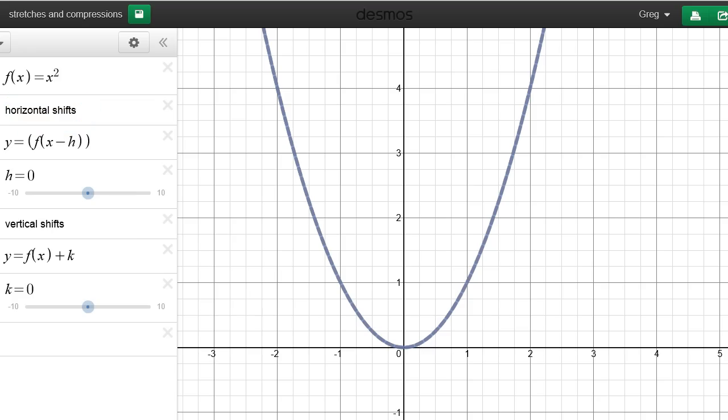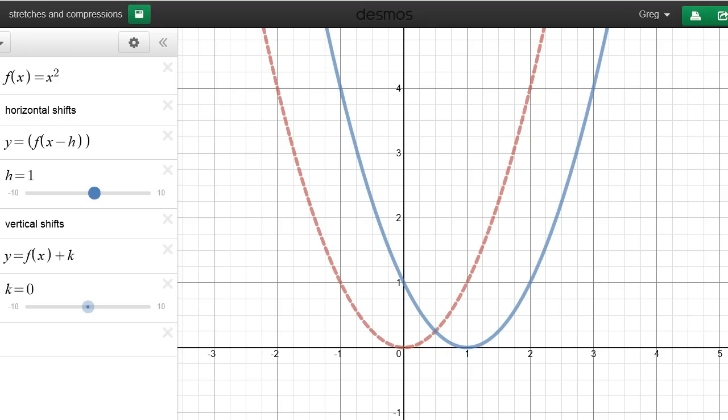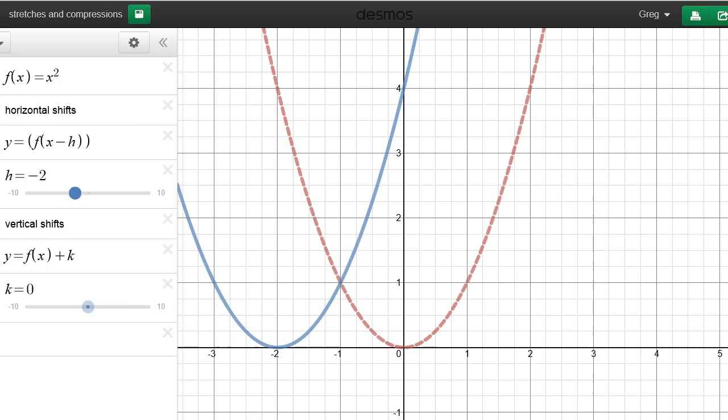Take my drawing off. So if I make my x equal to 1, you'll see how it slid over to the right. If I make my x minus 2, you'll see how it slid over to the left. Or, you know what, might be easier. Let me just take this off and do it more manually.